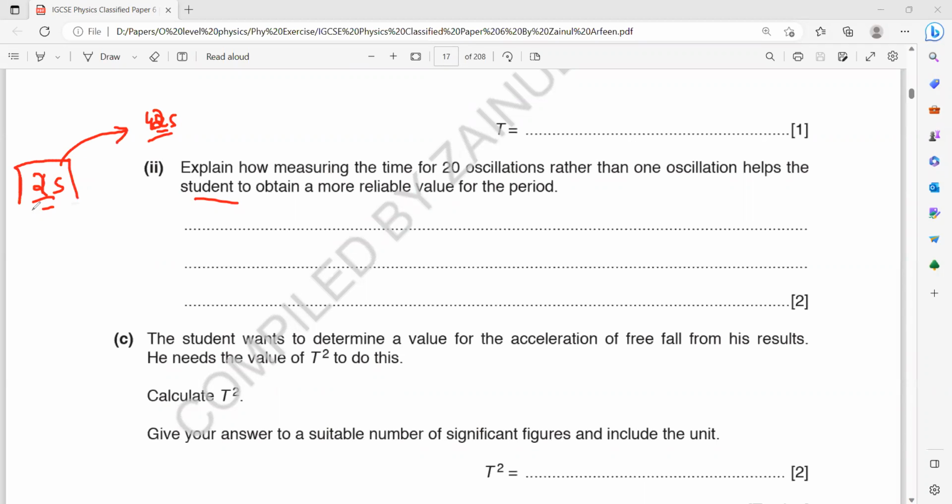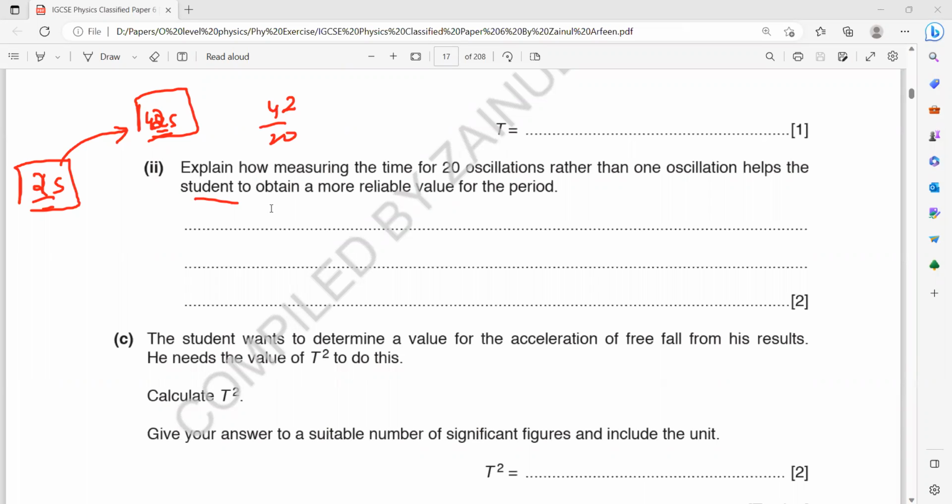When you measure the time for one, you're getting 2. But when you measure the time for 20 oscillations, you're getting 42. So you will do 42 divided by 20, so you will get an average, because average is the total divided by the number of values we took. So instead of taking one swing directly, we took 20 swings.